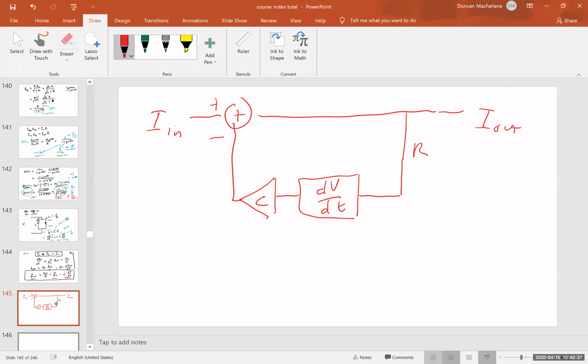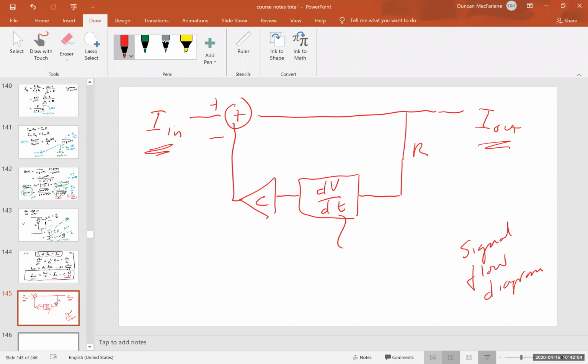So what I can do is I can draw my signal flow diagram, and I can write my output in terms of my input.